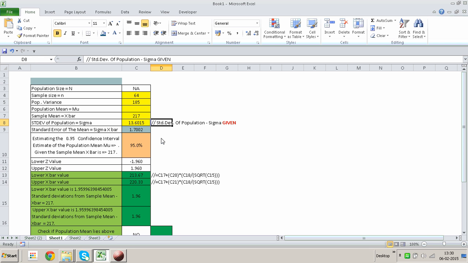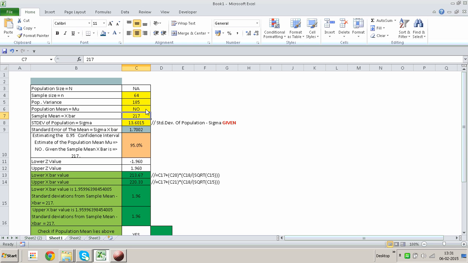So presume we do not have the Z scale, presume we do not have information of the population parameters. We are not aware of what the population mean is or what the population standard deviation is. You obviously can't calculate the standard deviation without these two population parameters.